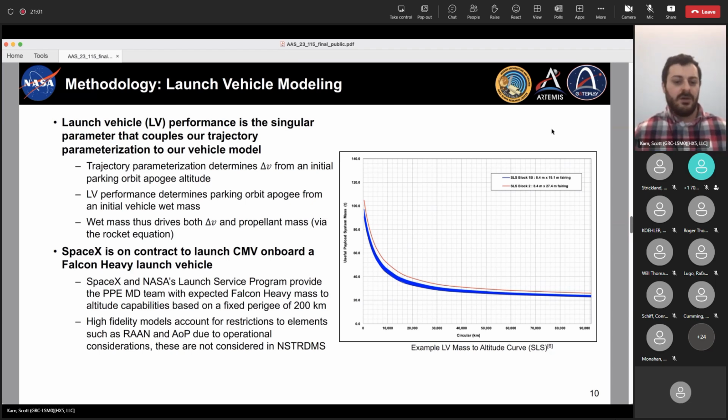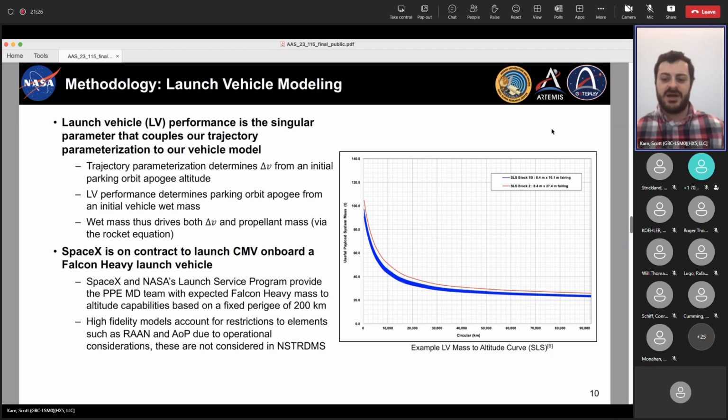So SpaceX, together with the Launch Services Program at Kennedy, provide us with a model of expected launch vehicle performance, which for CMV has been contracted as Falcon Heavy. So we get a series of data points for expected mass to altitude performance, and then we just fit a curve to that, and it gets its blessing from SpaceX and LSP.